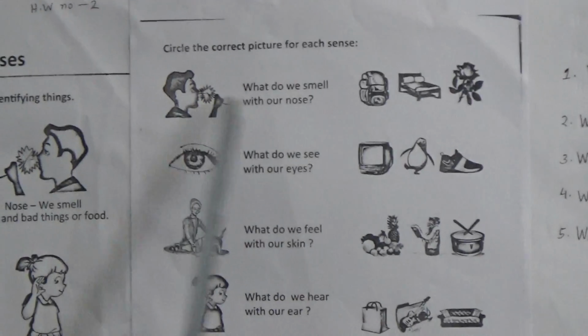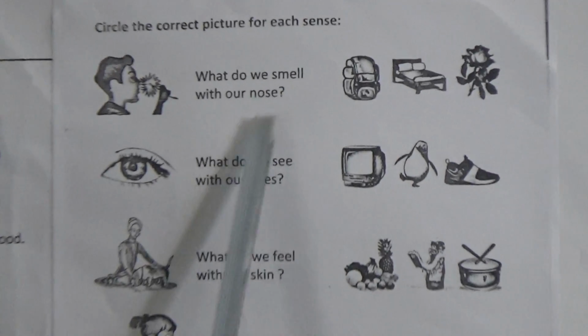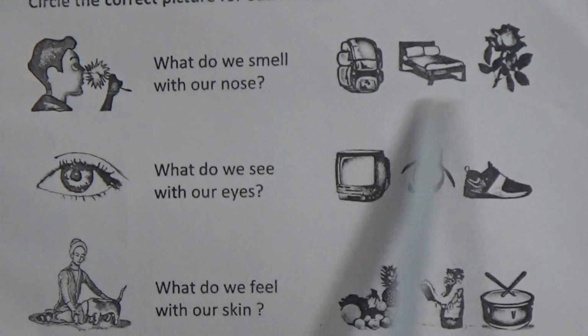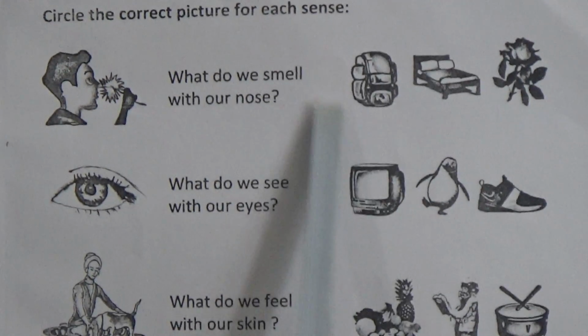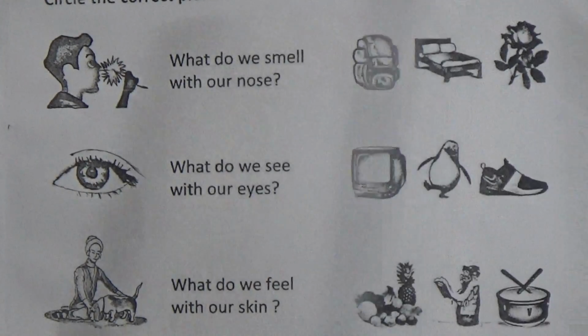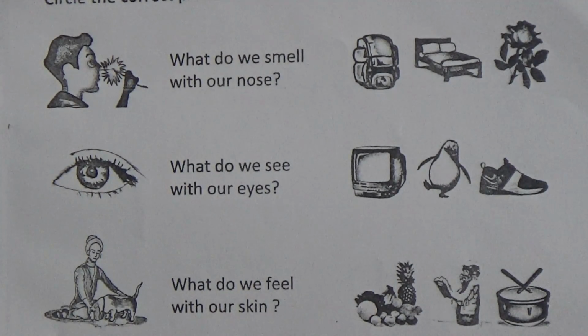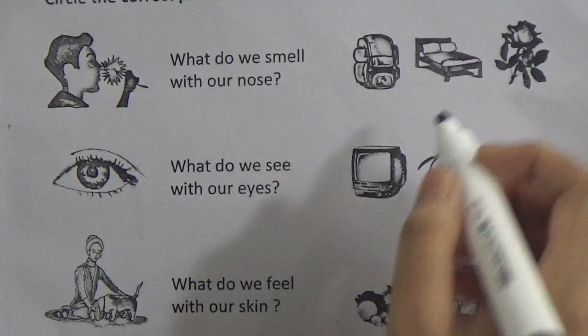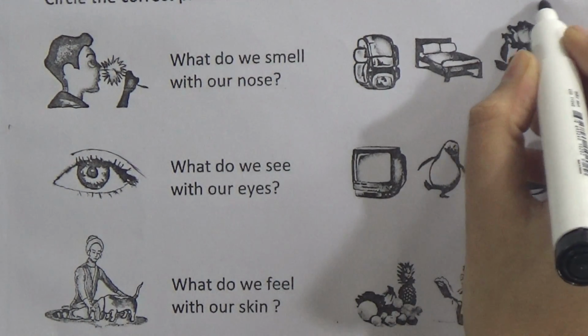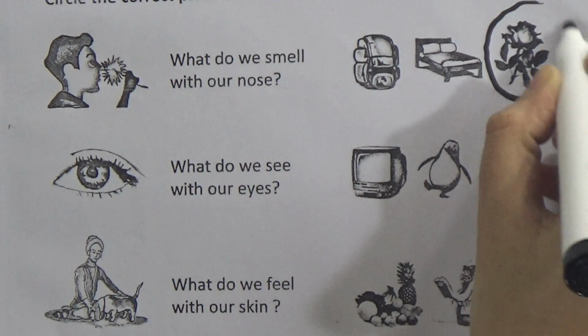Here is written, what do we smell with our nose? From these 3 pictures, what will be the correct one? Here is a picture of a rose. We can smell it with our nose. So we will circle this picture.